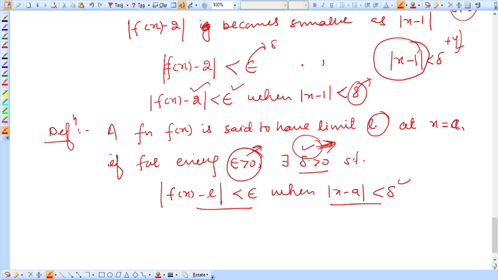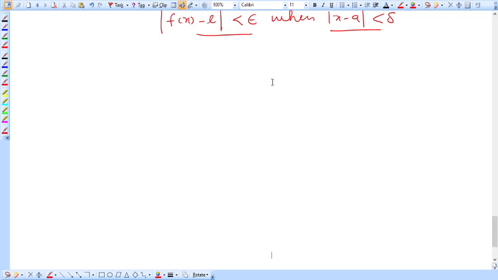Now I want to illustrate this definition with the help of some examples. So let us take two examples to understand this definition.